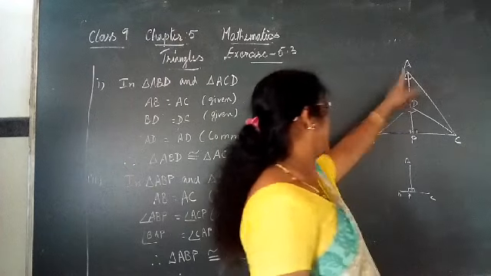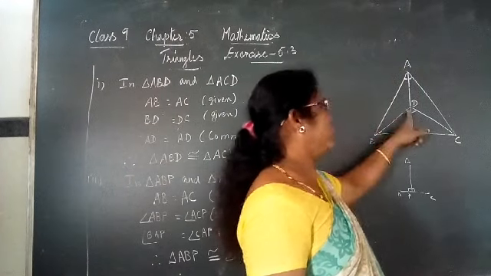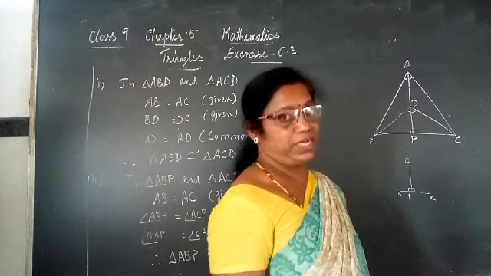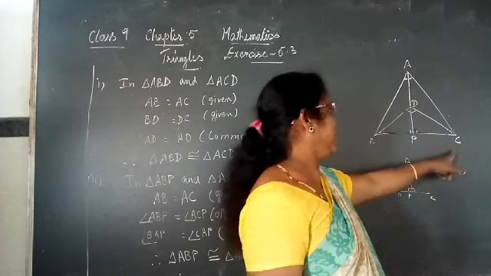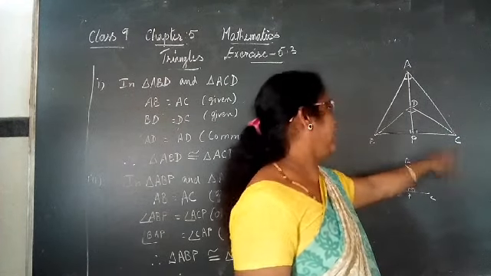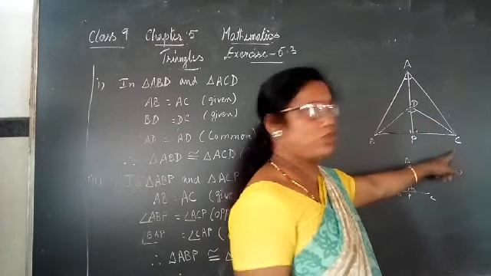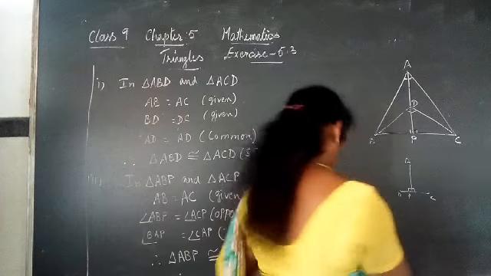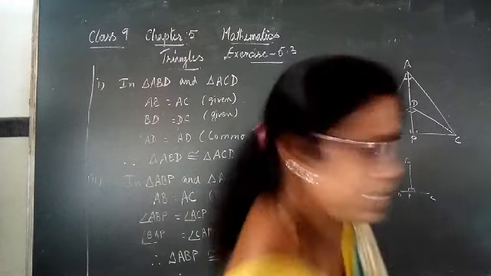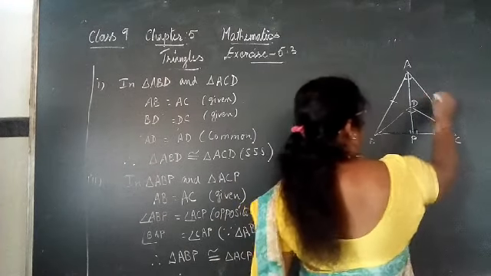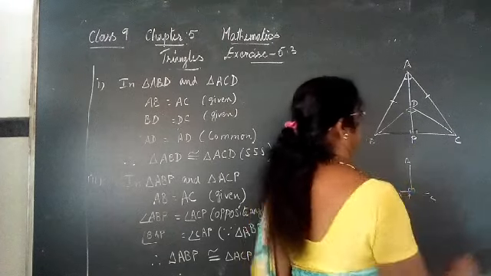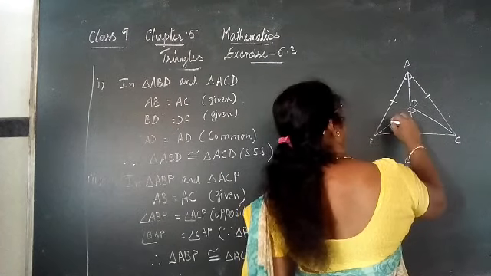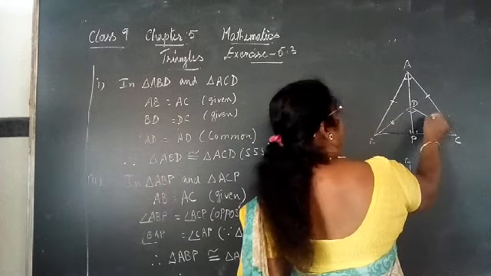First, you have to prove that triangle ABD is congruent to triangle ACD. In the question it is given that ABC is an isosceles triangle and DBC is also an isosceles triangle lying on the same base. Therefore, side AB is equal to side AC, and in triangle DBC, BD is equal to CD.